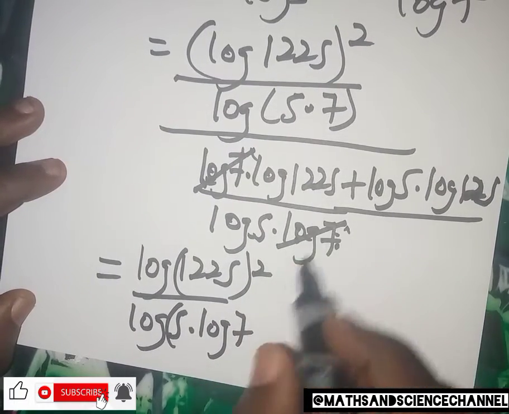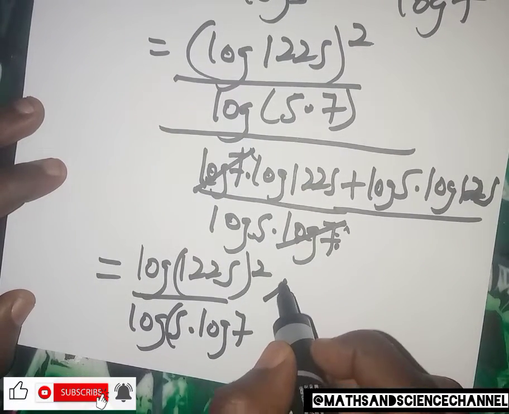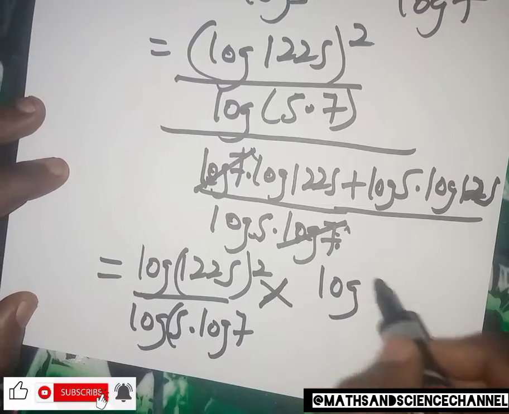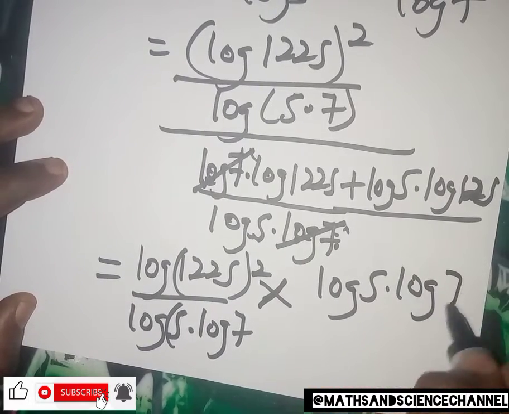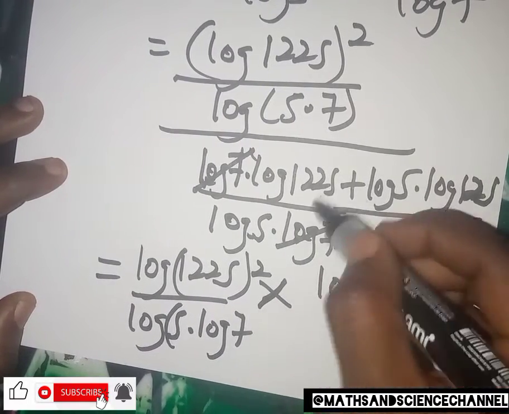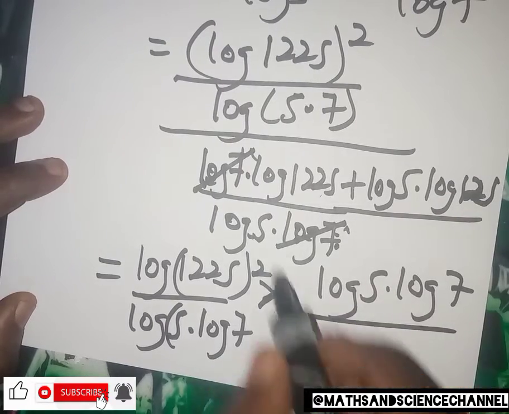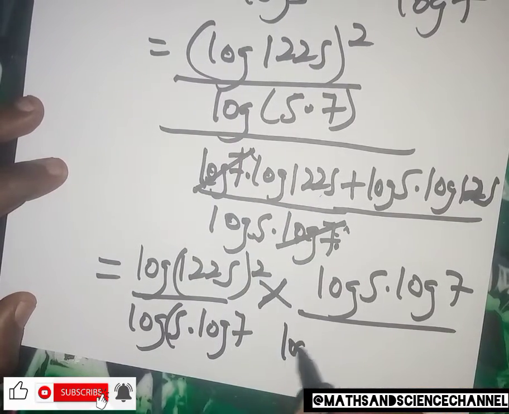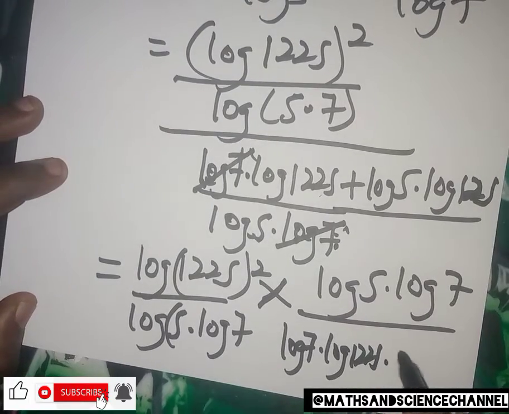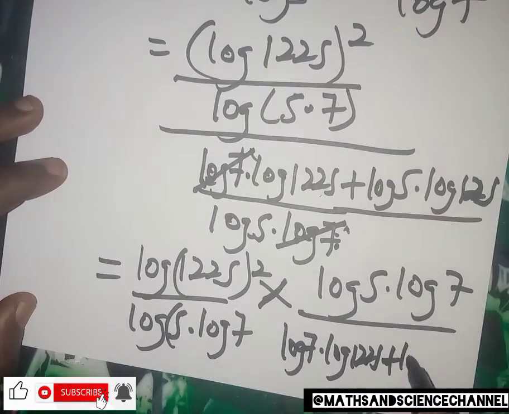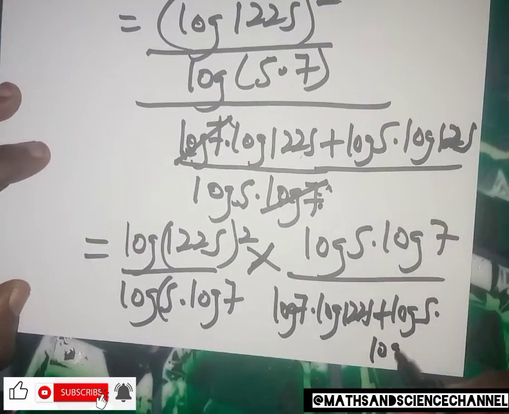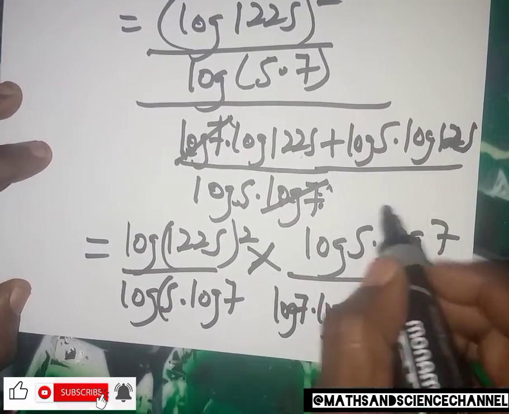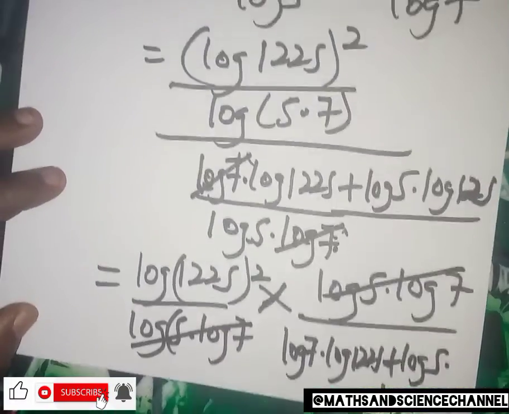Now it's dividing, so we can multiply by the reciprocal, log 5 times log 7, divided by the whole of log 7 multiplied by log 1225 plus log 5 multiplied by log 1225. So all of this goes away.